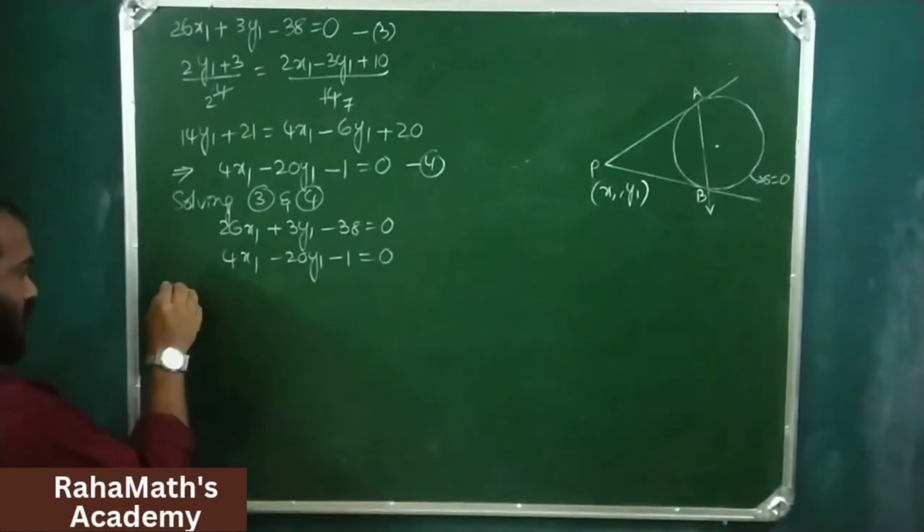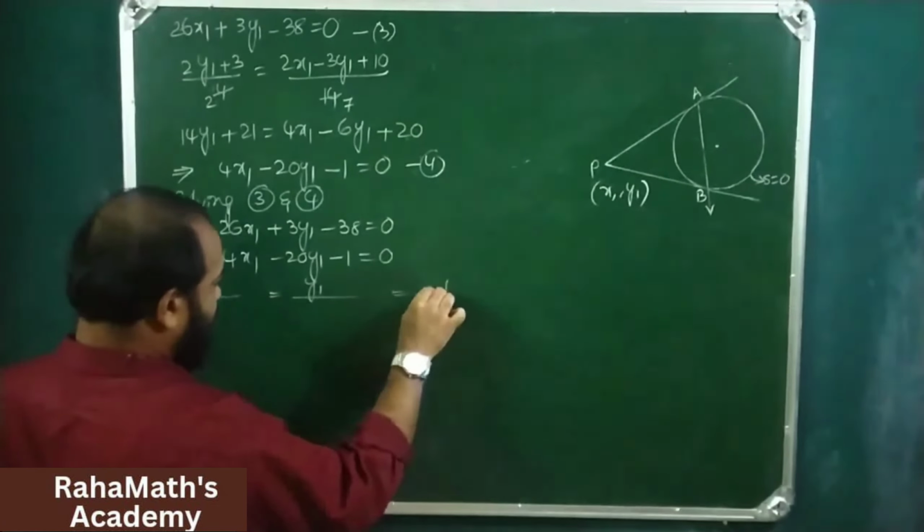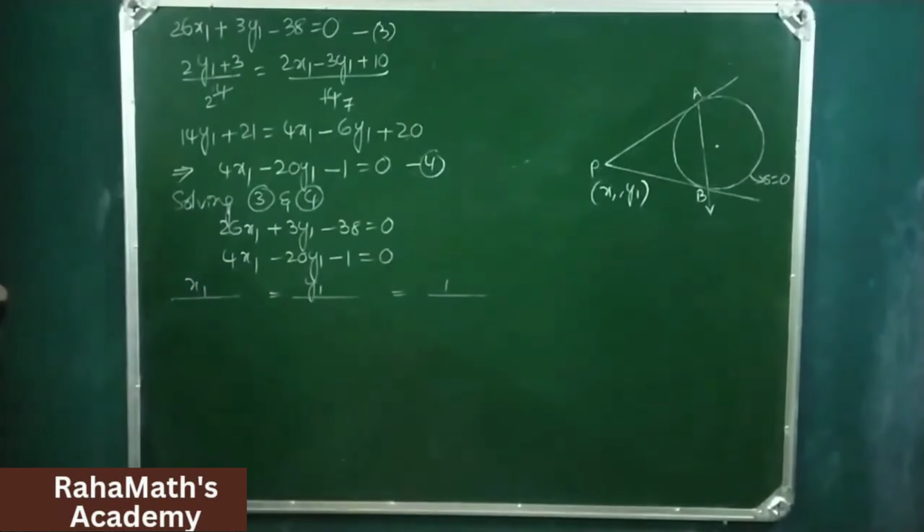So solving we get, x1 by, y1 by, 1 by, this method you know, this is the cross multiplication method.